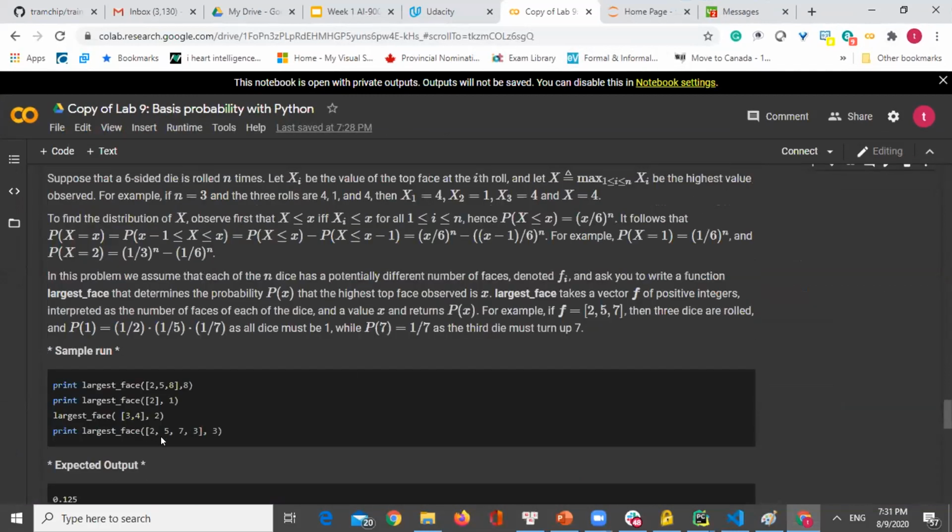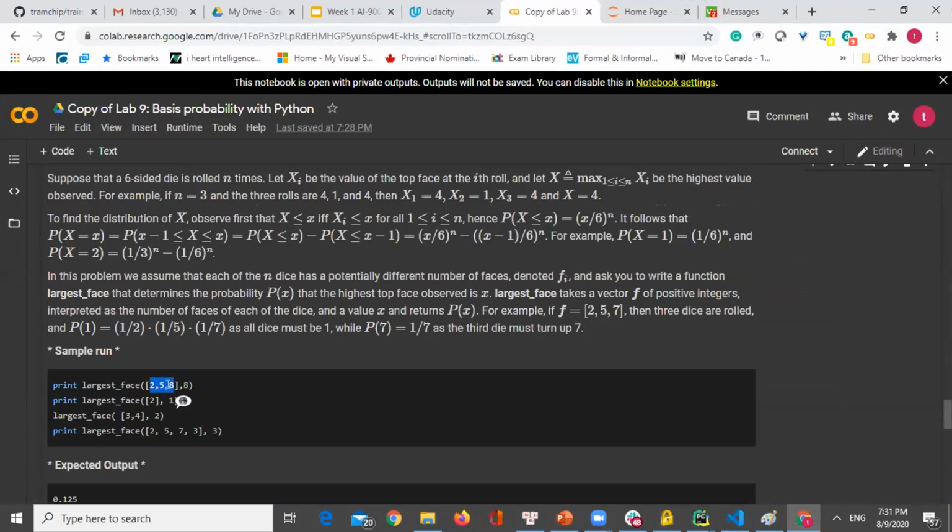In here they said print largest face 2, 5, 8. So it means this is the list. So that means, in 8 rows, these are the lists, right?